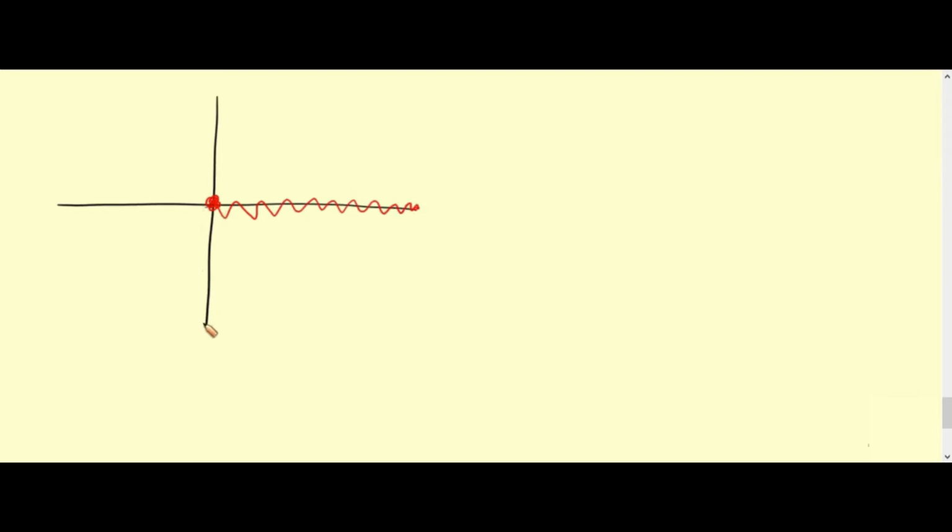Similarly, we could have taken the branch cut over here, over here, and so on. And if you recall, the principal branch corresponded to n equals 0. So you can easily see that this red line over here is our principal branch.